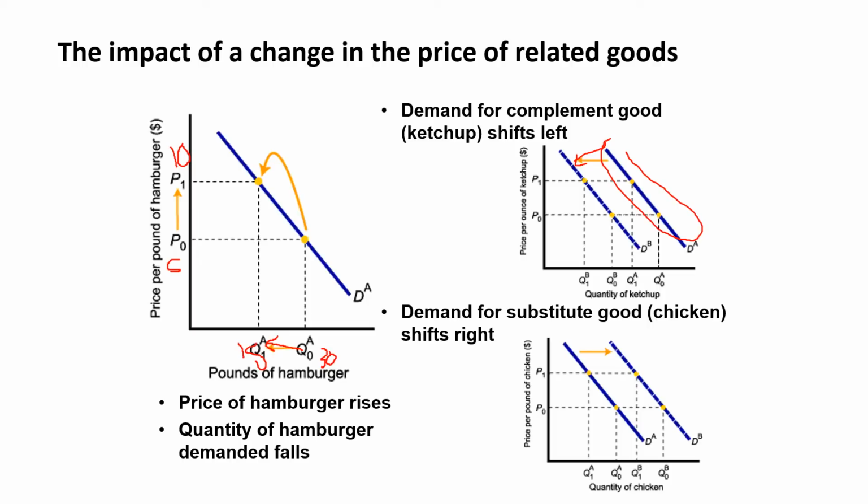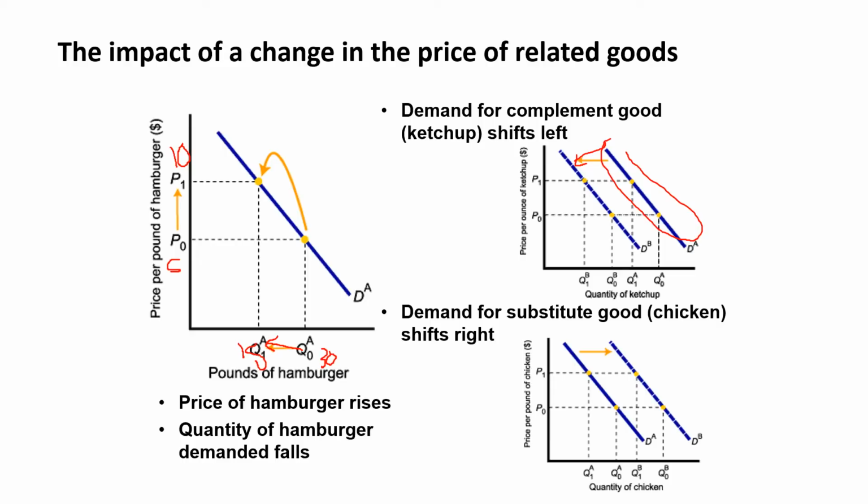At every single point, we can see that at this price, for example, they used to buy this quantity before, and now they are buying a smaller quantity of the ketchup, because of the shift of the demand curve. What about the substitute product, which is the chicken? People will stop eating burgers, but they need to have a protein, so they will move to the chicken.